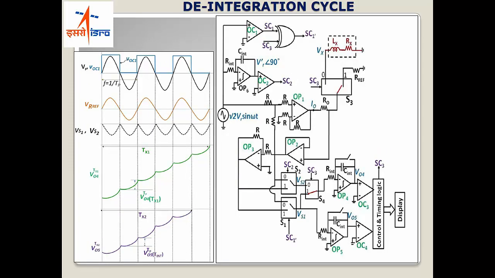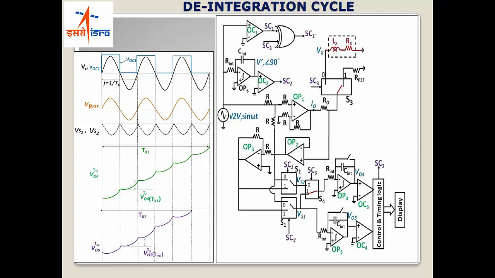Then during the deintegration cycle, I choose a particular reference resistor. Instead of a reference voltage, I am choosing a reference resistor which is a fixed constant value, and I repeat the process again, but this time the deintegration voltage which goes to both these integrator circuits is the same.